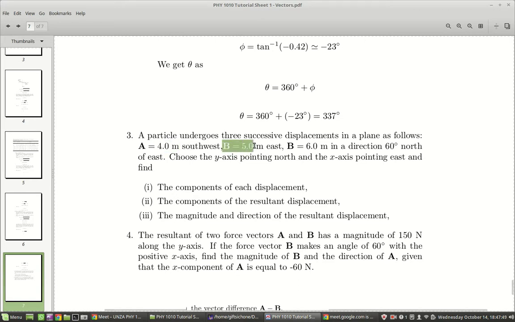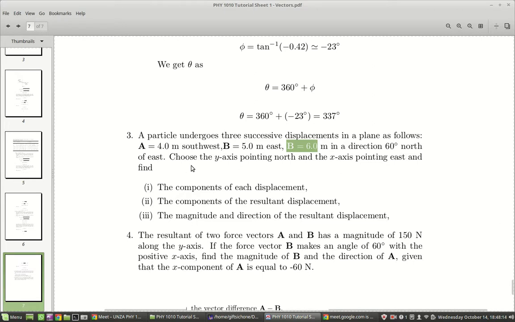The second one is 5 meters east. The third displacement is 6 meters in a direction 60 degrees north of east. So you're going east, then to the north of east, making an angle of 60 degrees with respect to the direction of east.